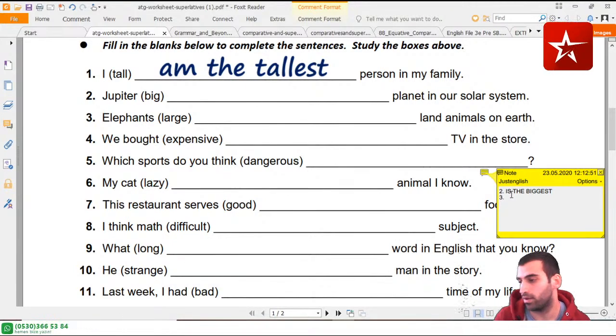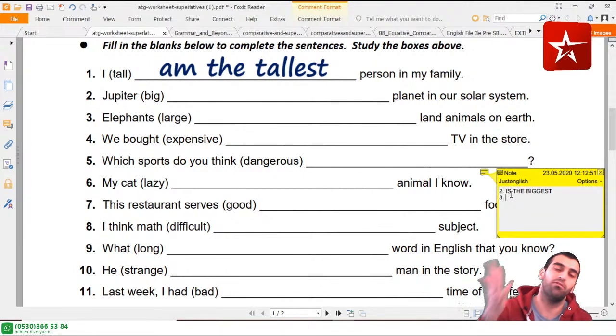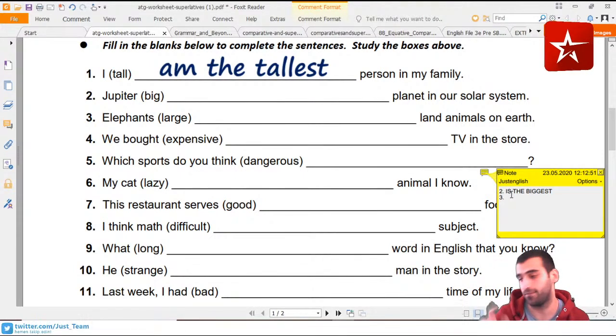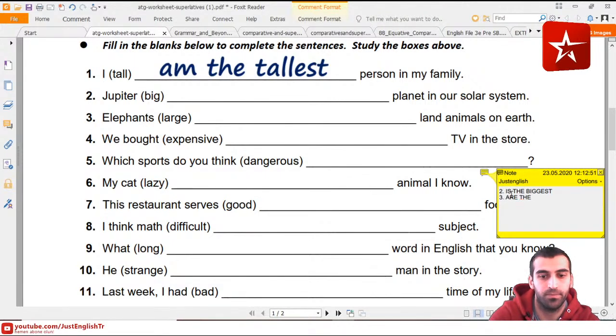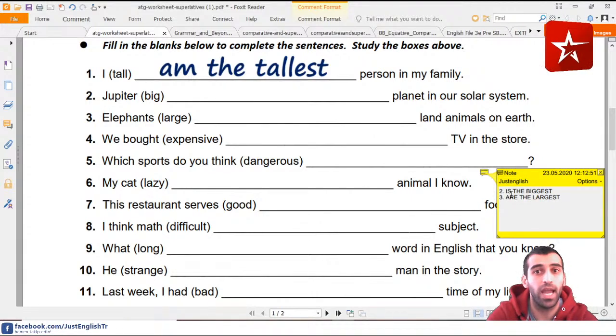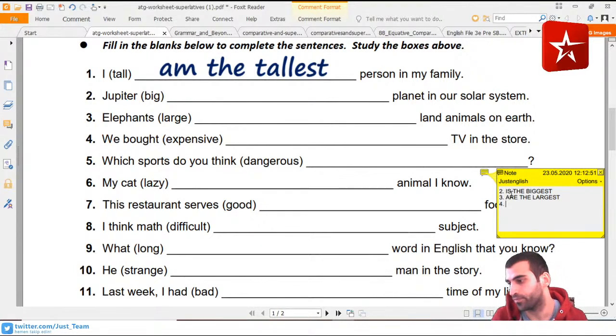Yes, and also Leyla, Emir, please don't forget to write to be. Am, is, and are are forms of it. But elephants, Mr. Mehmet Erdemli, means plural, not one. It means maybe 5, maybe 7, maybe 10 elephants. That's why we have to use are. Elephants are the largest land animals on earth. Yes. Let's continue with number 4.